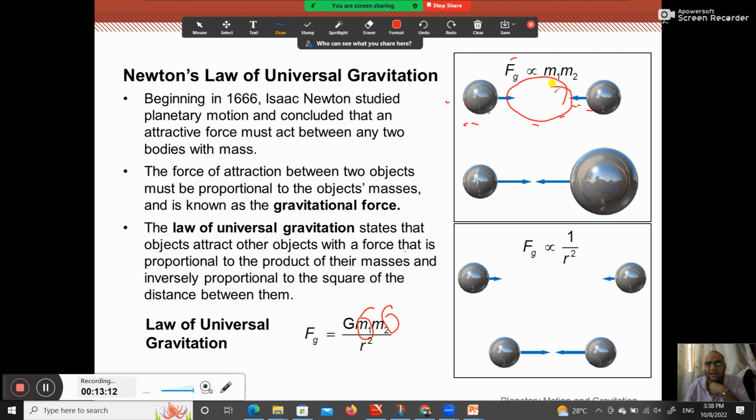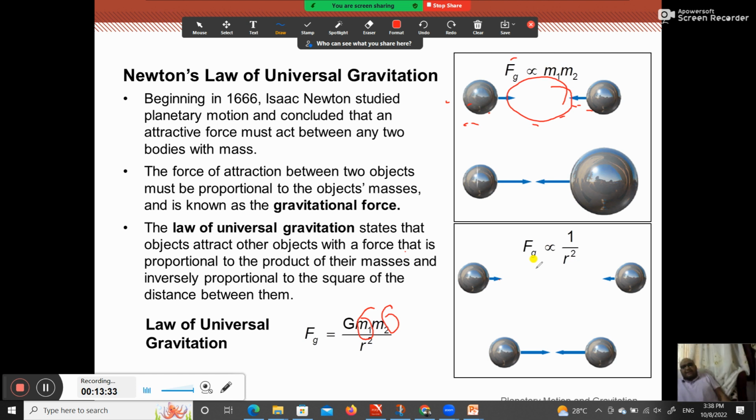So gravitational force is directly proportional to the mass of the first object multiplied by the mass of the second object. Right. We said before, as the distance between objects increases, the gravitational force decreases. Here we are applying the ratio with constant masses.